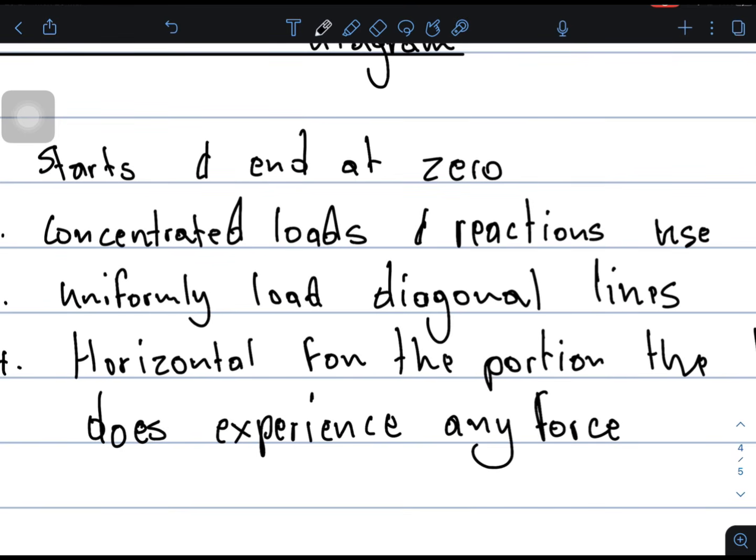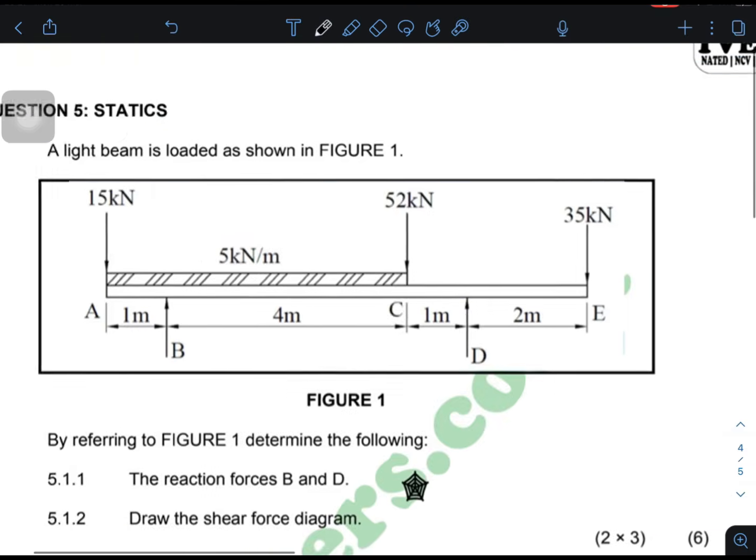Okay, I will explain that horizontal line, what we mean, when I'm doing this diagram now.